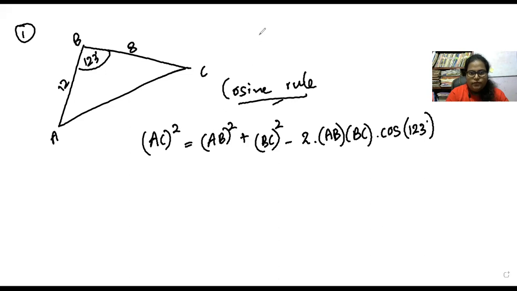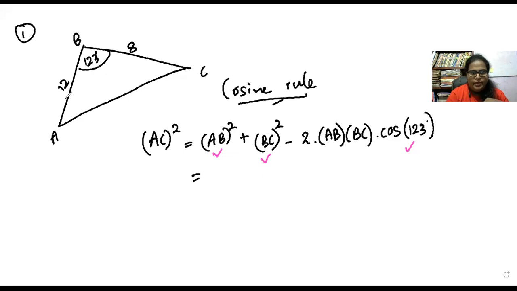We know all these things. We know AB, BC, and this cos 123 can be taken from the calculator as well. So we have to substitute the values now.